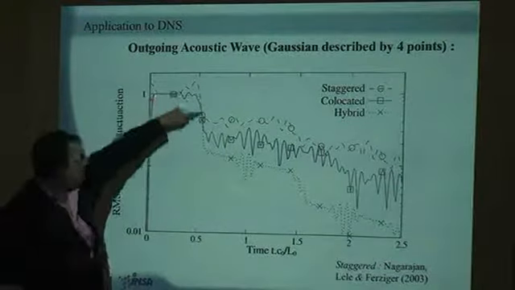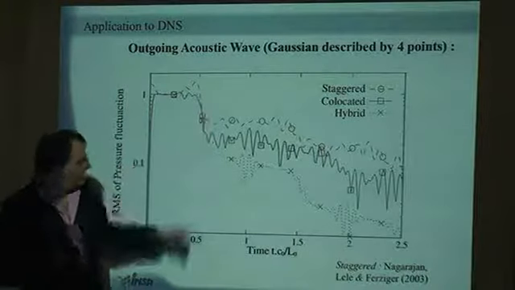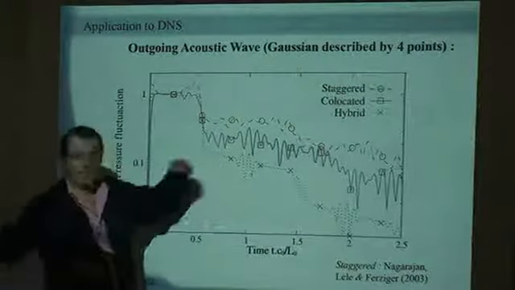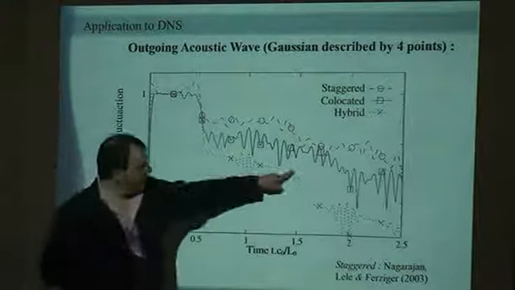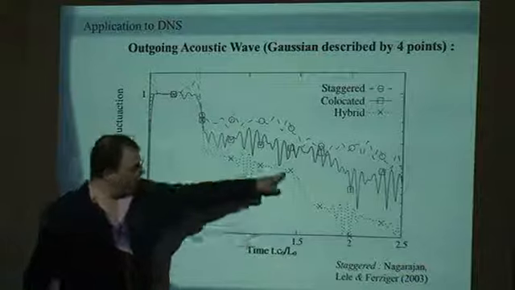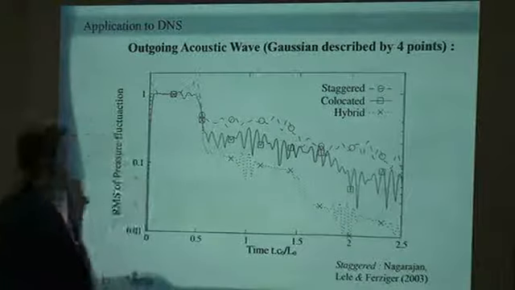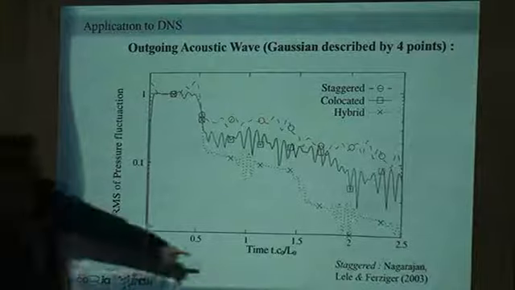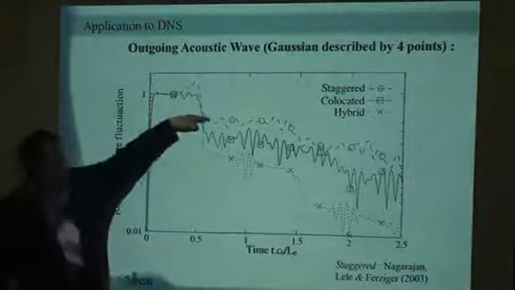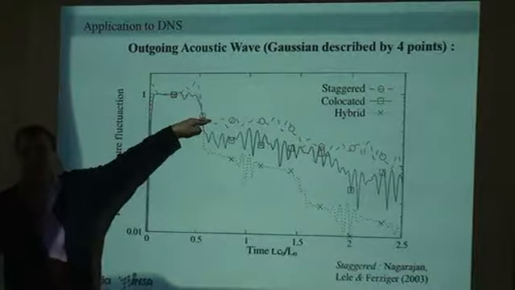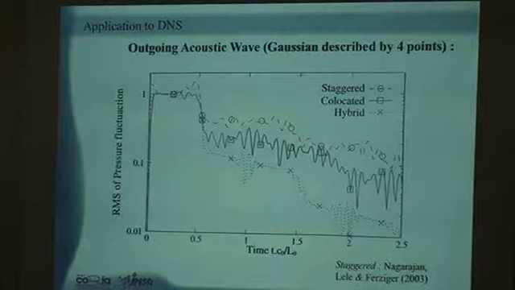So at first, we have a decrease in the pressure fluctuation. At this time, we have these wiggles. That means that the two waves are encountered, and then they go outside. And hopefully, the pressure fluctuation will again decrease. The staggered calculation by Nagarajan, Lele, and Ffowcs Williams gives this, I would say, poor result, because I think of the problem at the boundaries.